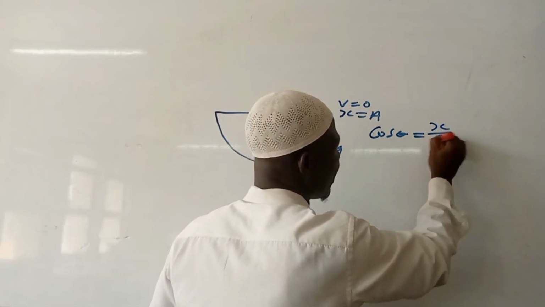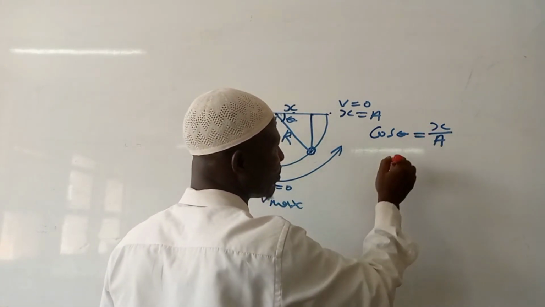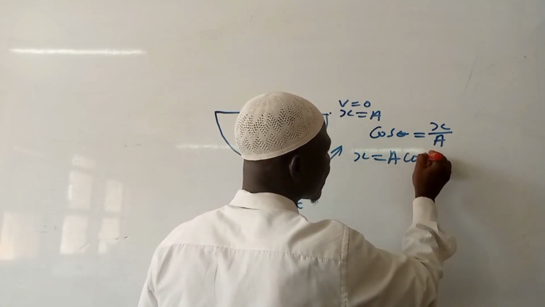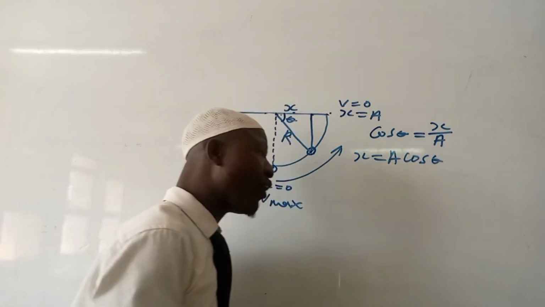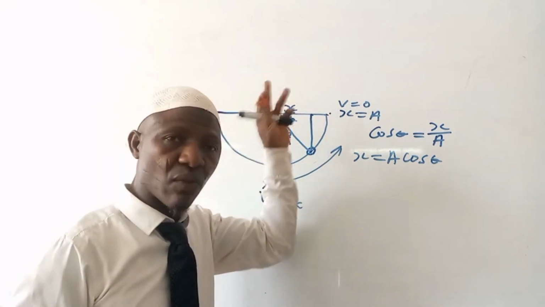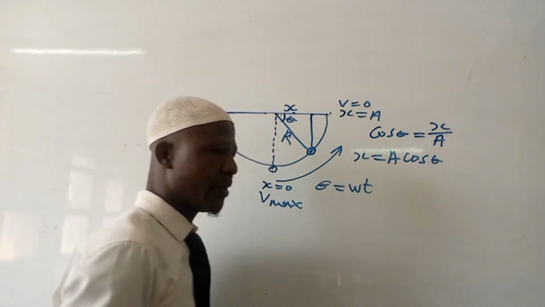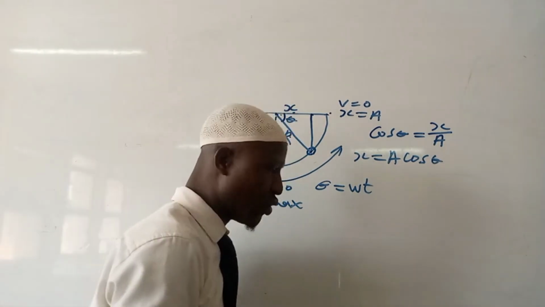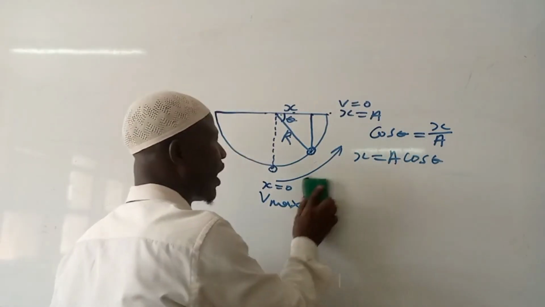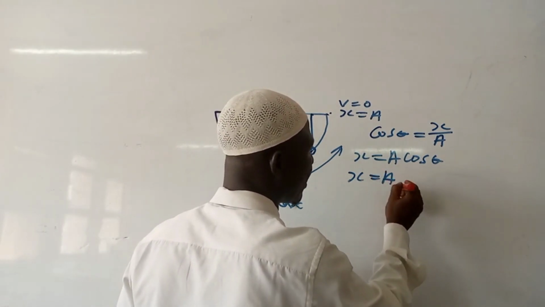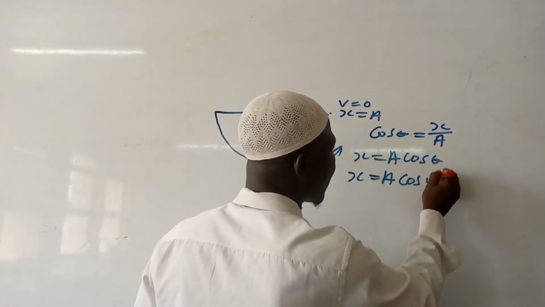Therefore, over a. Then when you cross multiply, we are going to have x is equal to a cos theta. And don't forget, from circular motion, theta is equal to omega t. Then we can replace this one with omega t. So we are going to have x is equal to a cos omega t.